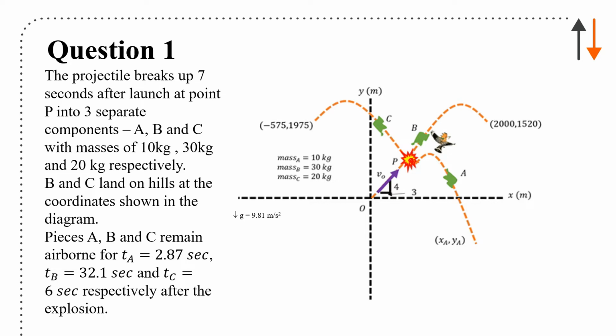Pieces A, B, and C remain airborne for TA 2.87 seconds, TB 32.1 seconds, and TC 6 seconds respectively after the explosion. And you're given a set of positions for B and C, not for A. So if you look at this, you see that that's there for C, there for B, and you have the initial position there.